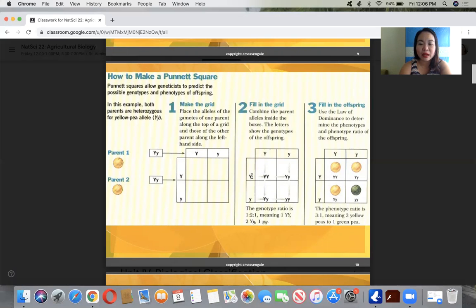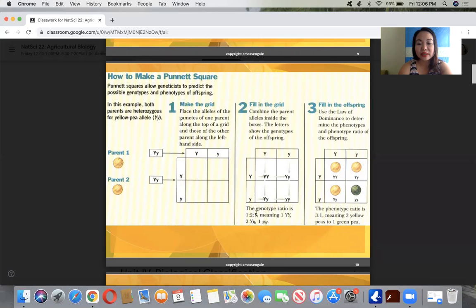When you pair two capital Y, and then one from the female, the parent one capital Y and one small y. In the second pairing is one capital Y and one small y. And the fourth pairing is one small y plus another small y, which is two small y.